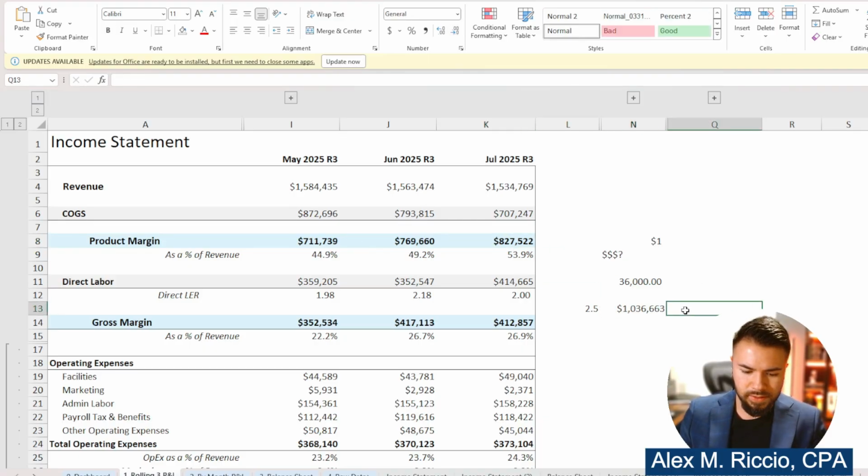Okay, great. So what's the difference between this million minus the 827? Going from a direct labor efficiency of $2 in margin for every dollar I spend in direct labor, I now am at $2.50 for every dollar in direct labor.